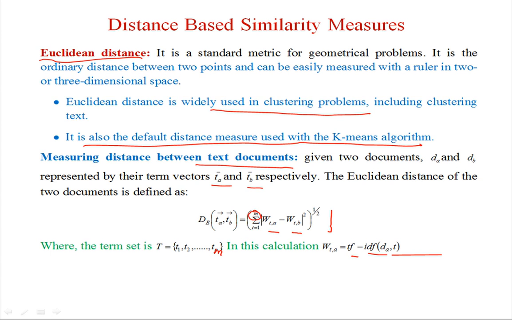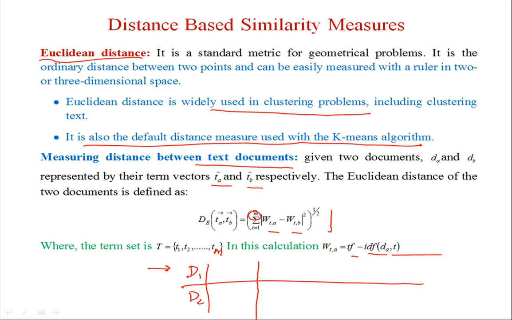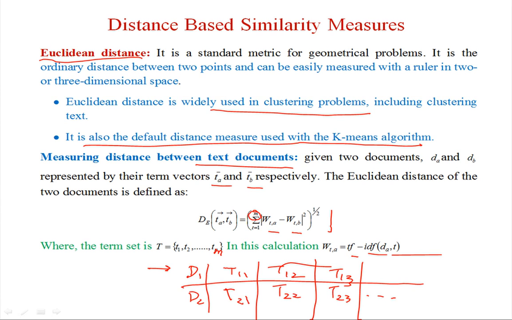Actually, for calculation of such kind of similarity, we represent the document in the form of a document vector model, where documents are represented as rows and terms are represented as columns, and so on.